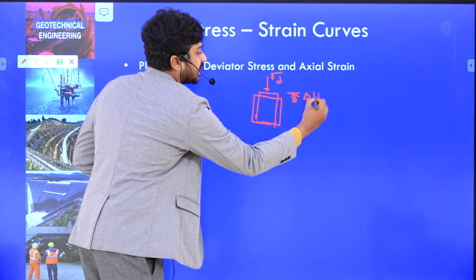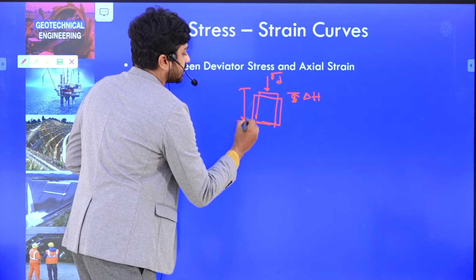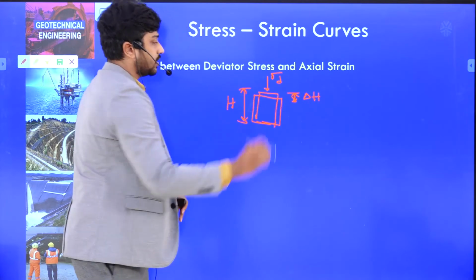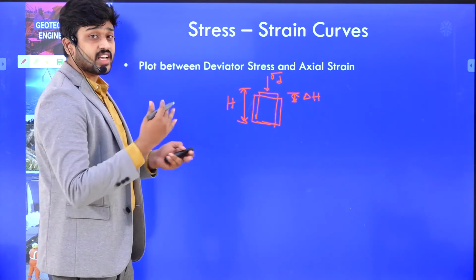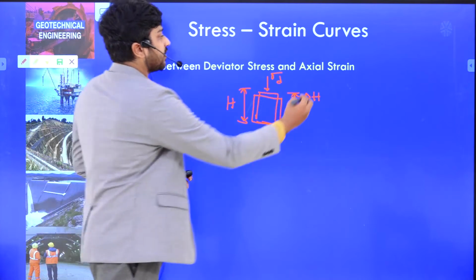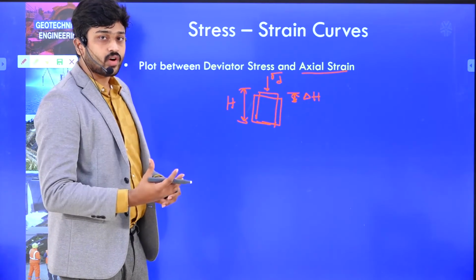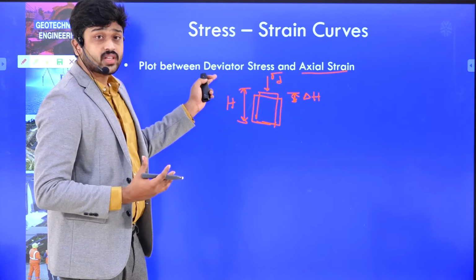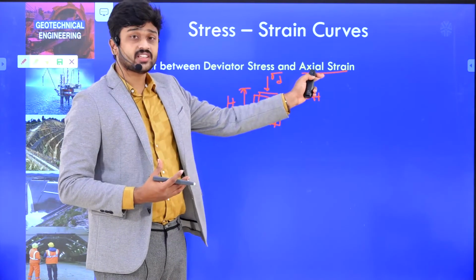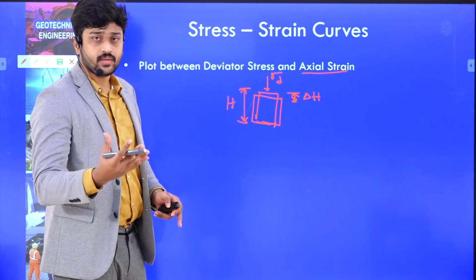Let us say this is delta h and the initial height is h. The change in length to the original length gives the axial strain. Using the corresponding deformation, we use the deviator stress and axial strain to understand the stress-strain behavior.